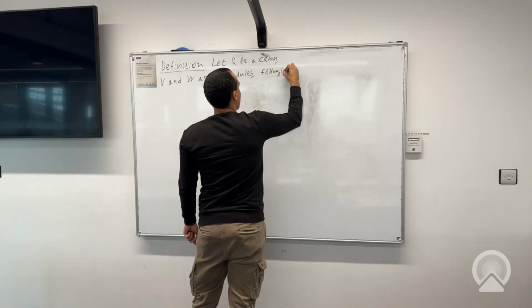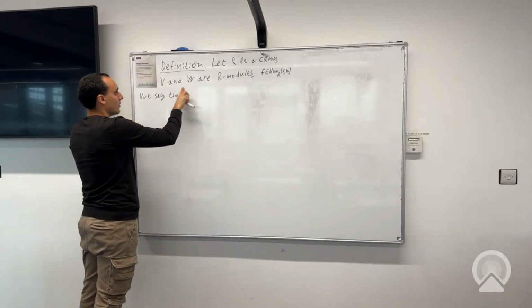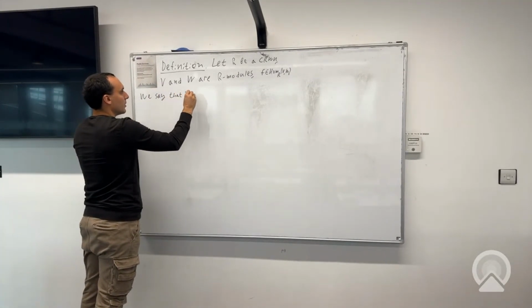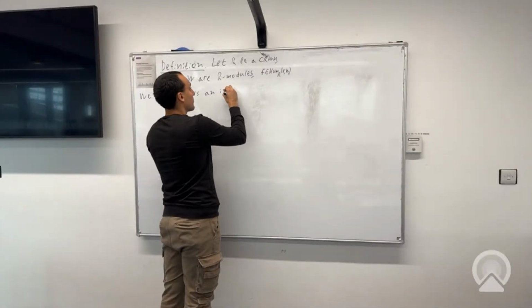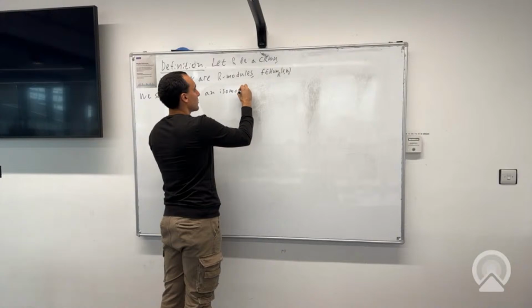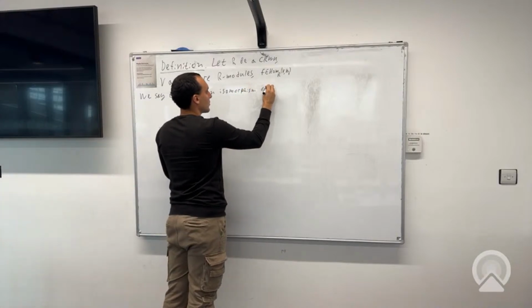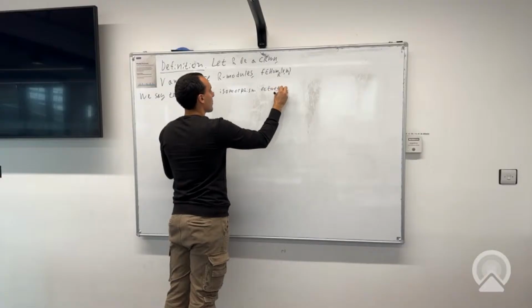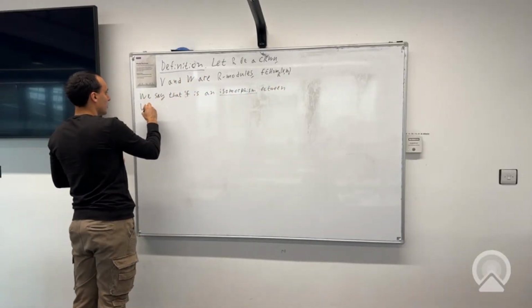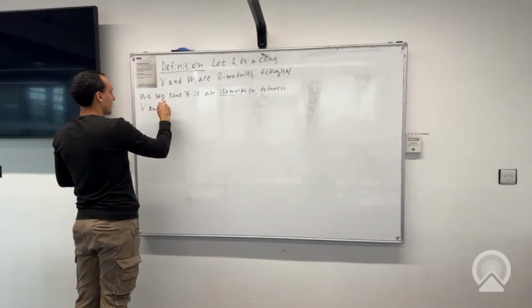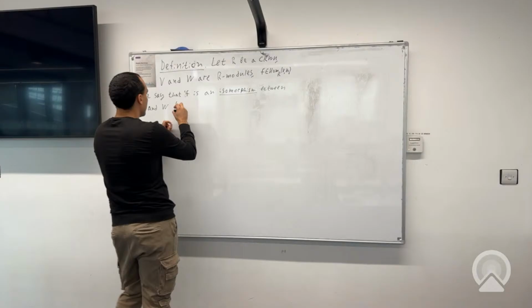And we say that F is an isomorphism between V and W, of course, and that V and W are isomorphic.